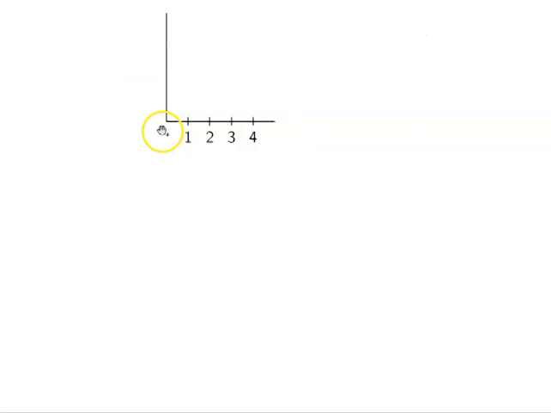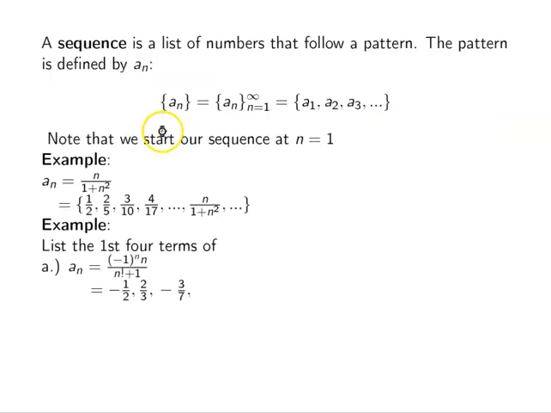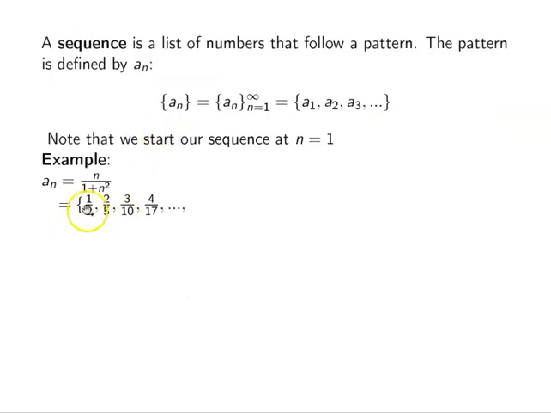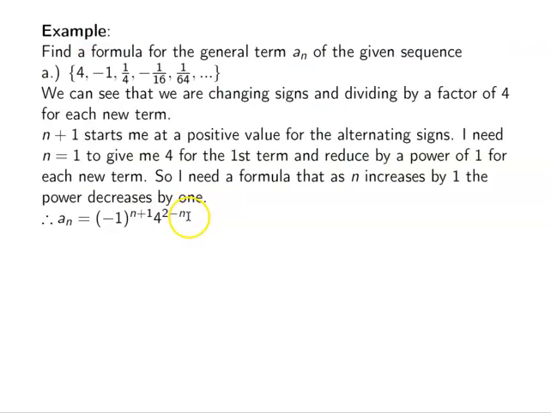For this first one, we can see what the terms were: 1/2, 2/5, 3/10, 4/17. So my first one is 1/2. This is less than a half. This is a third. This is almost a quarter, right? So it looks like I'm going down in value. All the terms in my sequence are getting smaller and smaller.